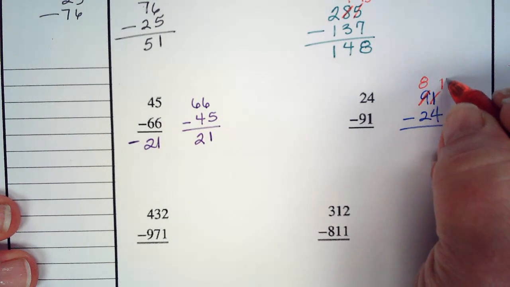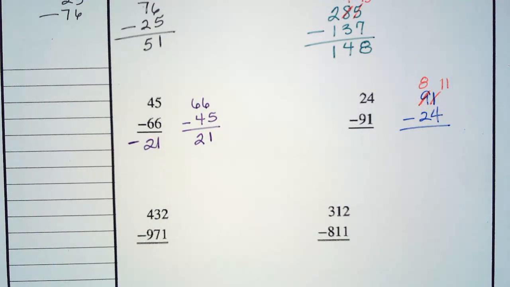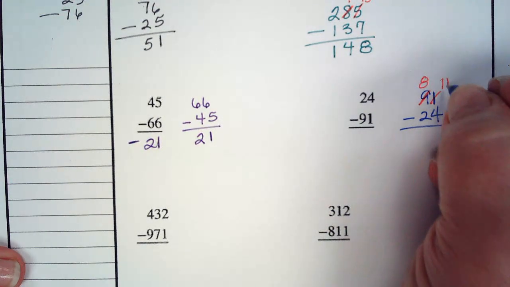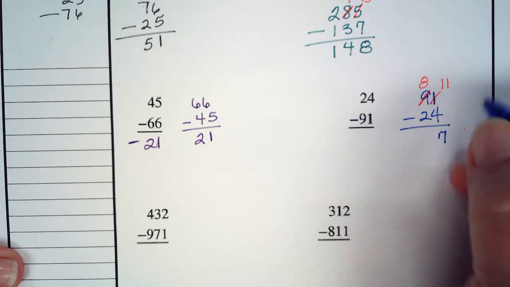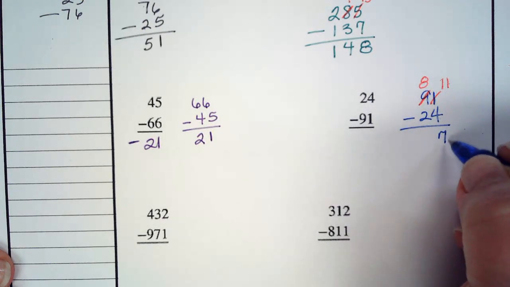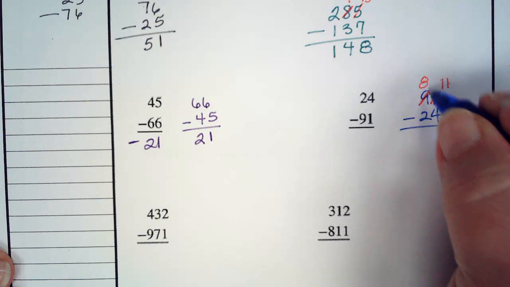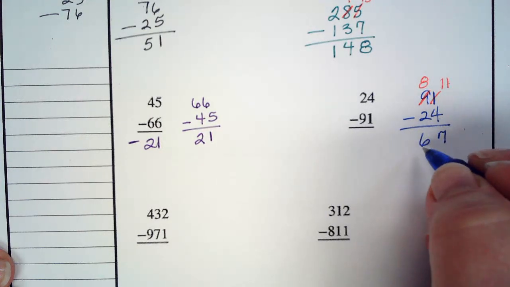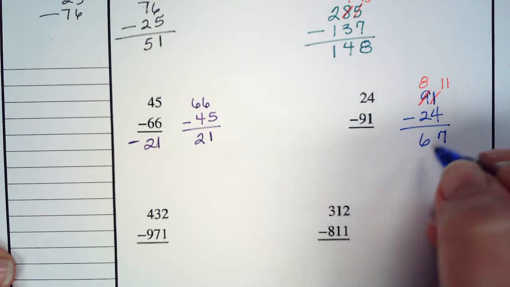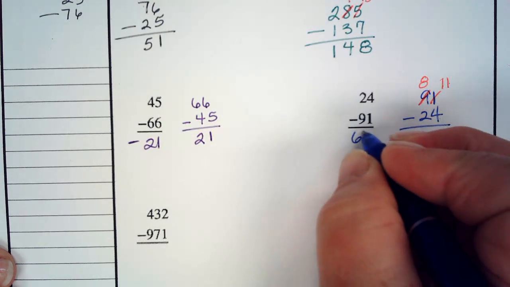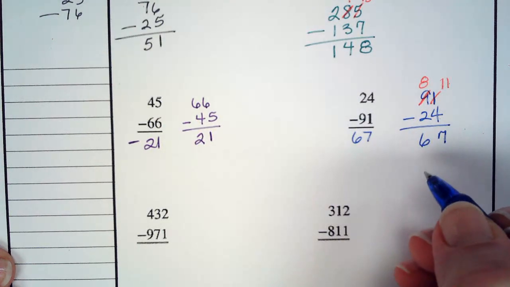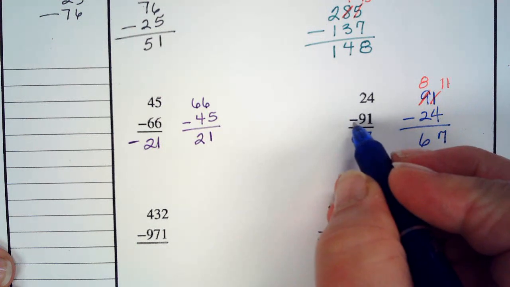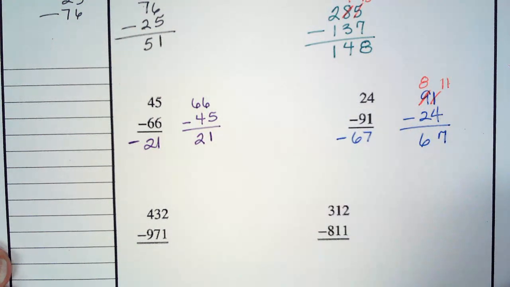This becomes 11. 11 minus 4 is 7. 11 menos 4 es 7. 8 minus 2 is 6. 8 menos 2 es 6. So it's 67. Positive or negative? Negative, because 91 is bigger than 24.